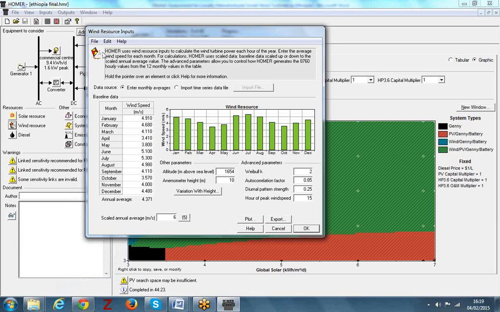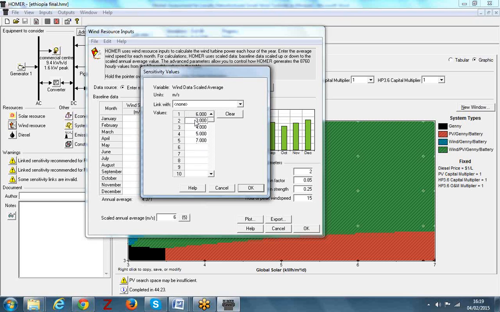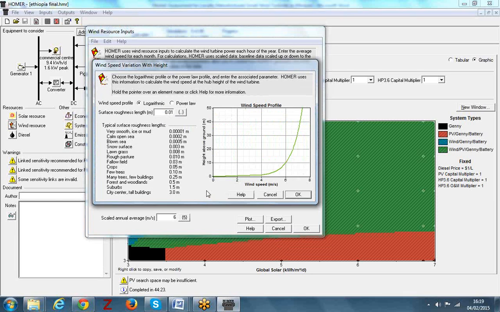I've got Homer up on the screen again. All you can do is put a monthly average throughout the year. So you put the seasonal profile, and then for sensitivity values, you can include different values. So 3, 4, 5, 6, and 7. Yeah, I can see that. Yeah, the Weibull K, the autocorrelation factor, diurnal pattern strength, and hour of peak wind speed. And you can also put in a surface roughness to include the variation with height.